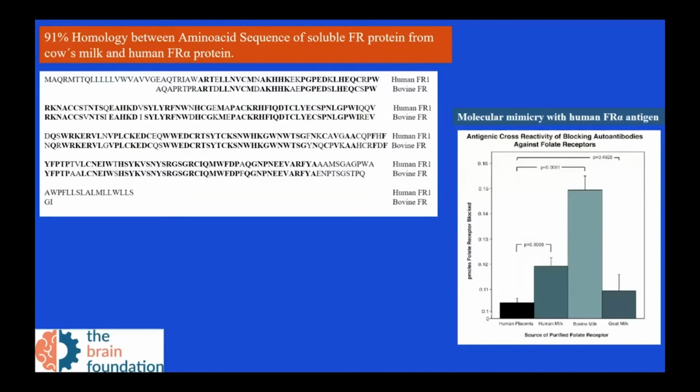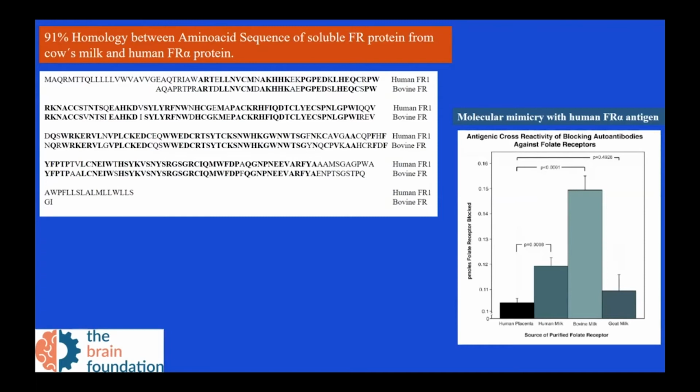From that point, we started to study the folate receptor alpha antibodies and the different folate receptor antigens, and we found that there was a 91% homology between the amino acid sequences of the soluble folate receptor protein in cow's milk and the human folate receptor alpha antigen.